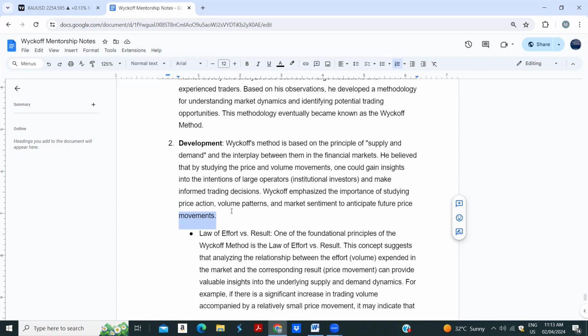So Wyckoff emphasized the importance of studying price action, volume patterns, and market sentiment to anticipate future price movements.